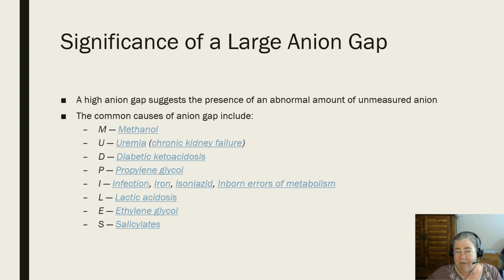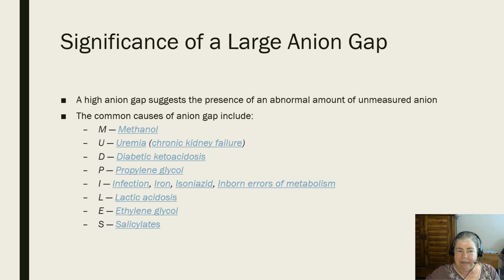Uremia or chronic kidney failure, so excess uric acid. Diabetic ketoacidosis, keto acids. Propylene glycol or poisoning with antifreeze. The I stands for a bunch of things: infection, iron poisoning, isoniazid, which is a drug used for tuberculosis, and inborn errors of metabolism.